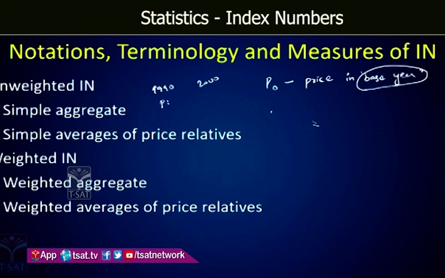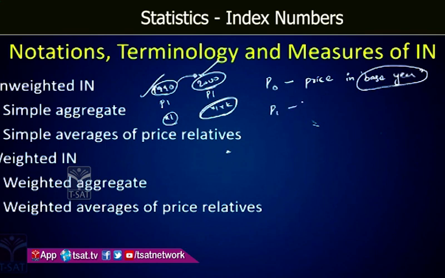This is product 1, the same product 1, with values x1 and x1 plus some k. So we are calculating the relative change of price from 1990 to 2000. So this will become my base year and this will become my current year.